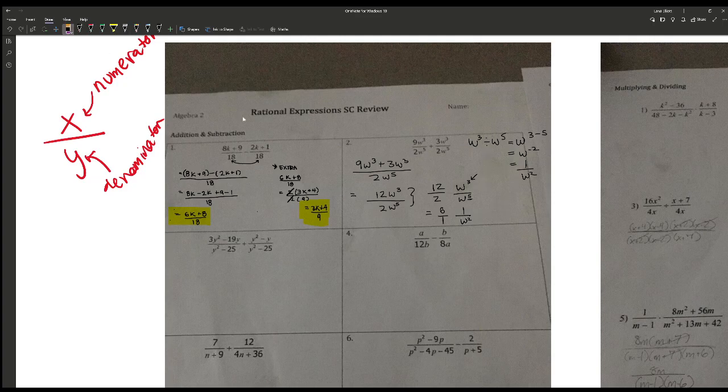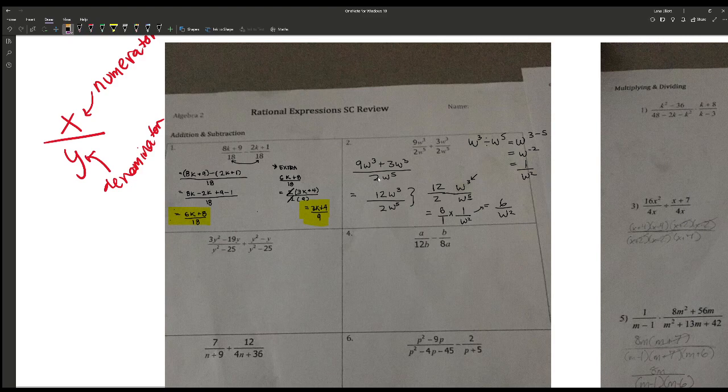Therefore, when we multiply these together, because we split these into different components, like I said, this is a little bit of a convoluted way of doing it. I'm just trying to explain it as best I can and in the simplest form. If you wanted to do it all together, you absolutely could, but I just wanted to split it up so that we could have the components with a variable, and then without. So when we multiply this together, we get 6 over w squared.